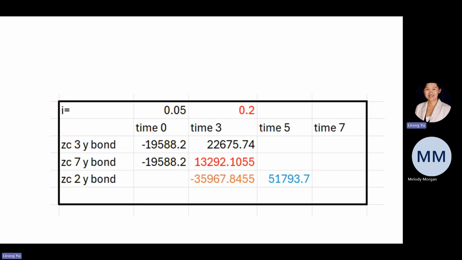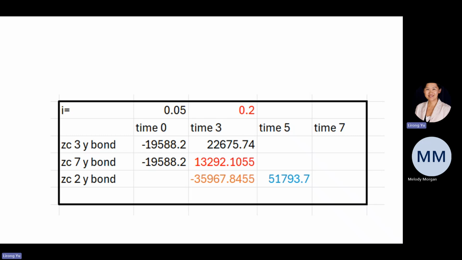Imagine at time 3, interest rate is 20%. So now that won't affect our 3-year zero coupon bond, because for the 3-year zero coupon bond, the cash flow is all set, right? It's already set on paper.